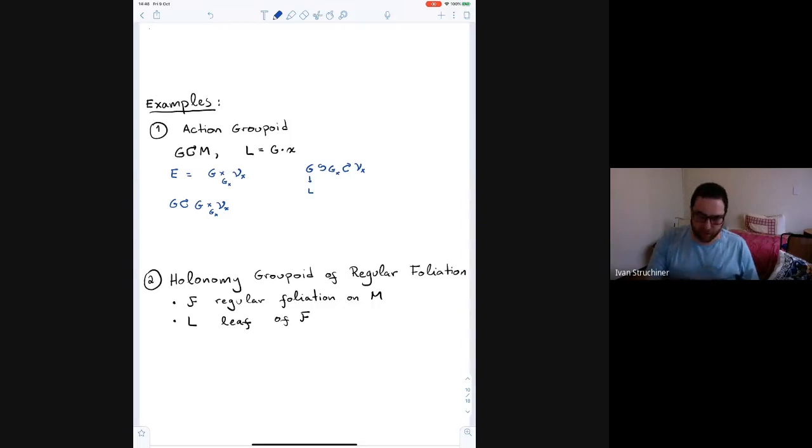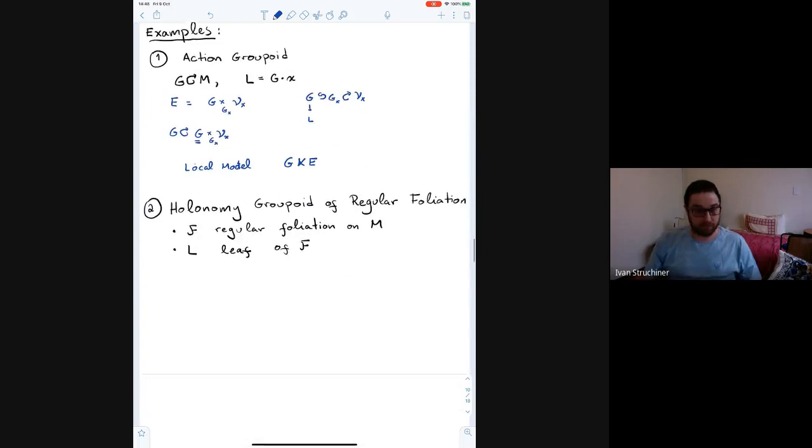space, which just acts on this component, and the local model is just the action groupoid for this very simple linear action. So it's the action which comes from the slice action.